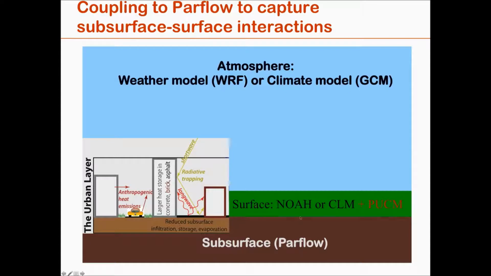NOAA is computing the surface properties and the surface fluxes, and WRF is computing the atmospheric fluxes and atmospheric properties, and they are talking to each other. So definitely there's a two-way feedback between them.